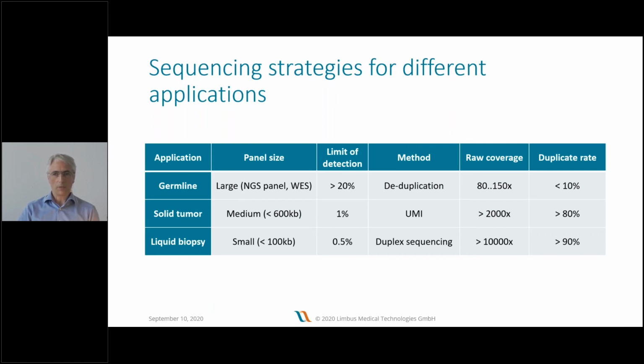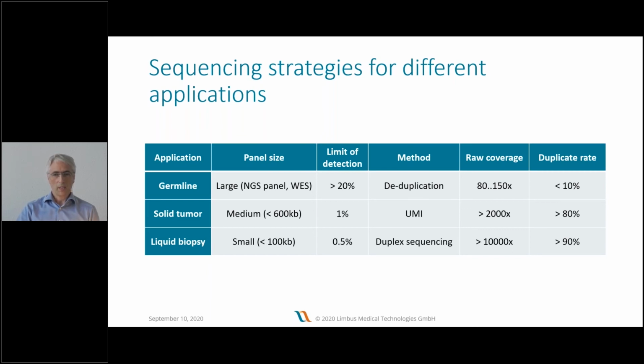When you're trying to lower your limit of detection, if you want to detect lower frequency variants, you're moving to smaller regions of interest, and you have to apply additional technologies like unique molecular identifiers. You have to achieve a high raw coverage, and actually a duplication rate is then helping you. I'm going to detail how the duplication rate becomes important in these kinds of assays.